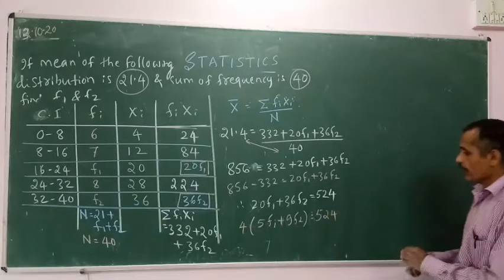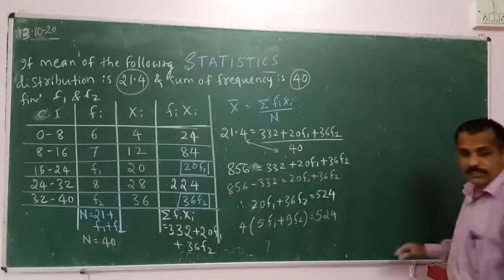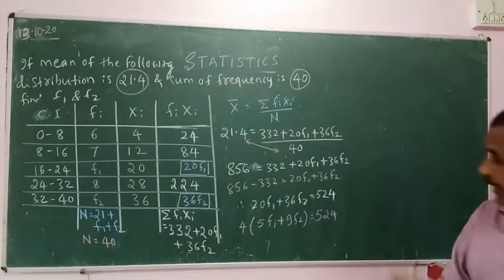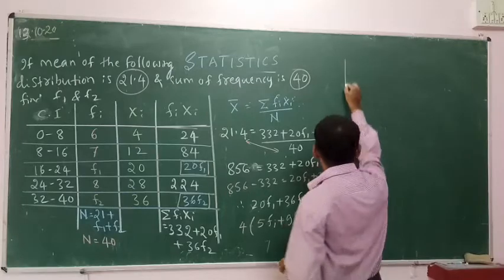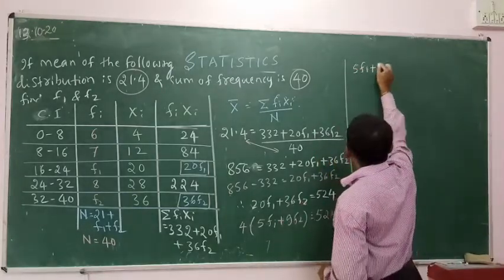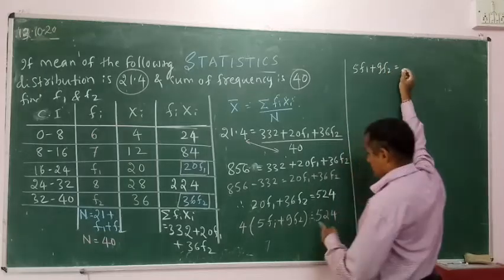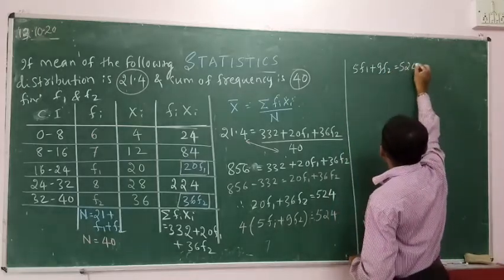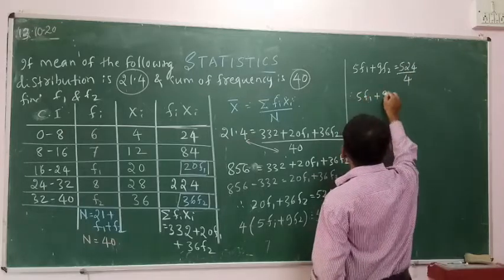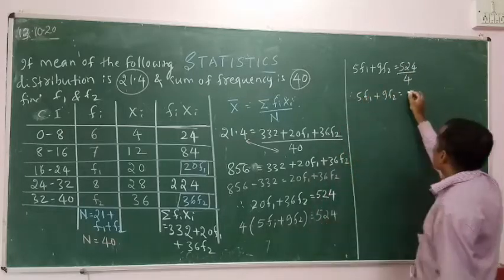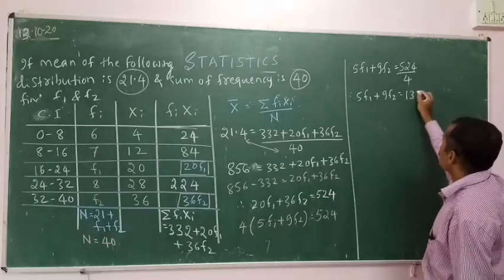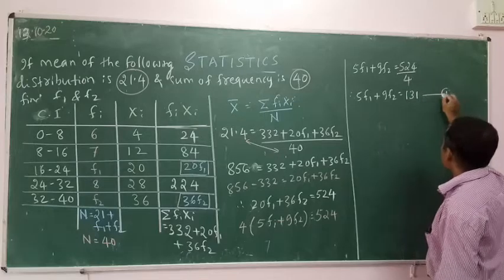This 4 will come to the denominator. So 5f1 plus 9f2 is equal to 524 divided by 4, which is 131. This is equation number 1.